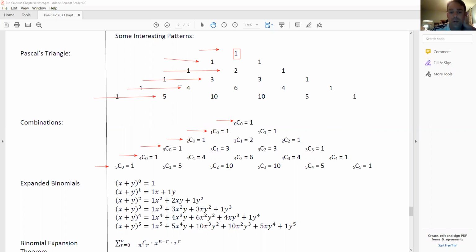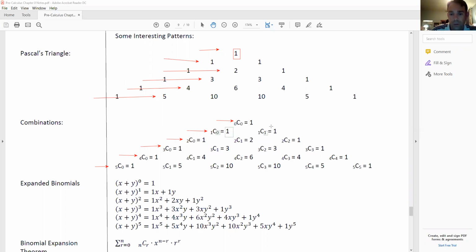And if you notice, these rows are the same thing as if you were to use combinations. Notice the R values on these combinations: you start at 0 and you count up to the row number.